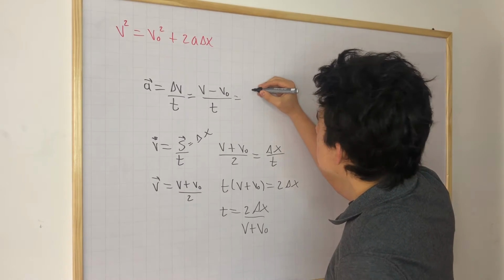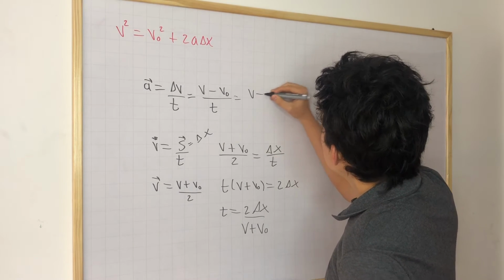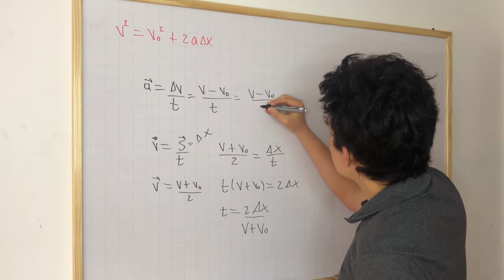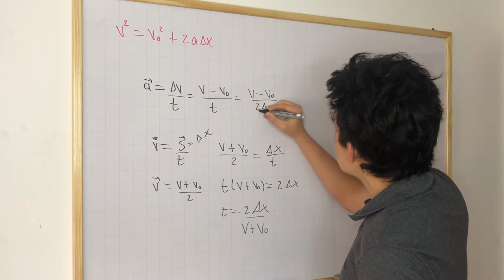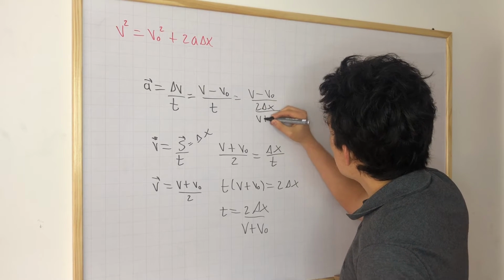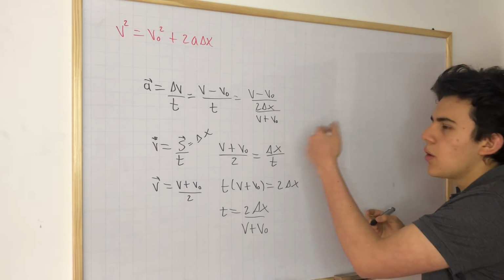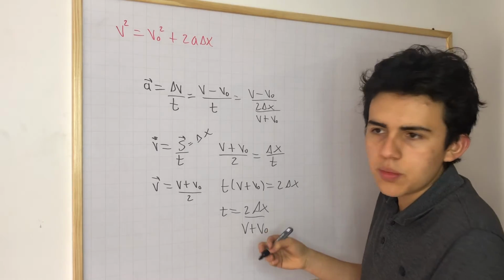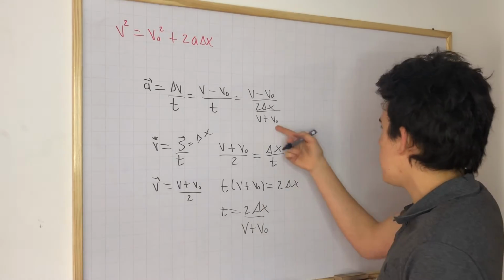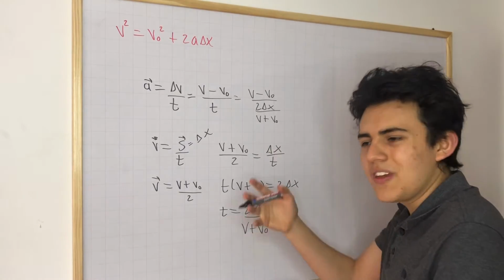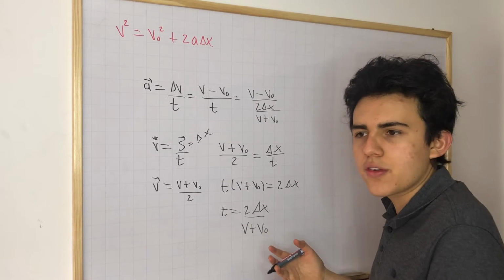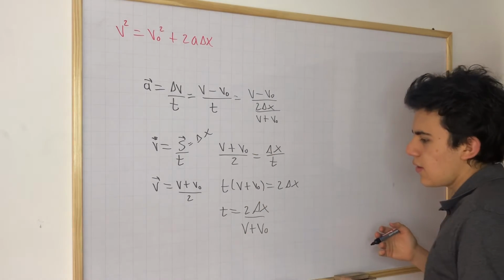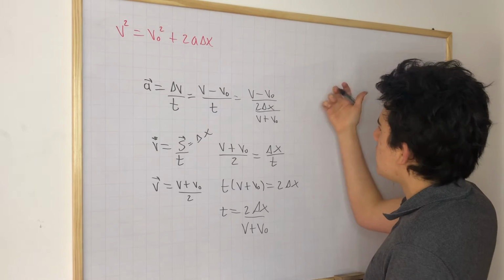So we have v minus v naught over 2 times change in x over v plus v naught. If you don't know why I'm saying v naught: when you have v sub 0 or v sub o, you say it as v naught. I didn't know that when I first heard it, so I thought it might be useful for you.